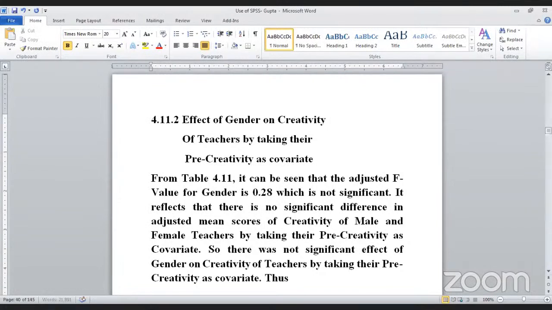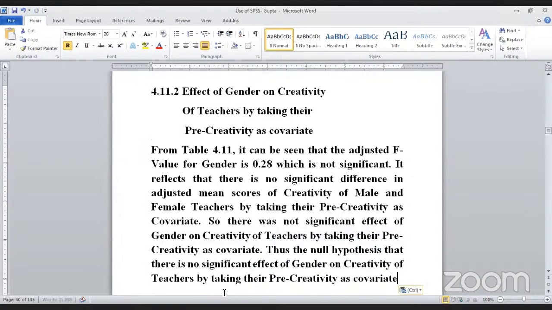Thus, the null hypothesis that there is no significant effect of gender on creativity of teachers by taking their pre-creativity as covariate is not rejected.